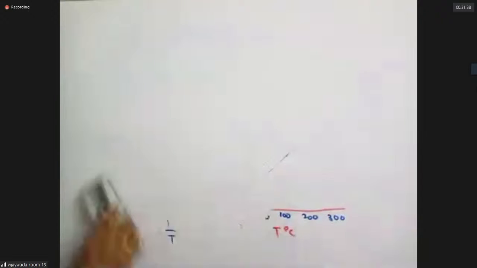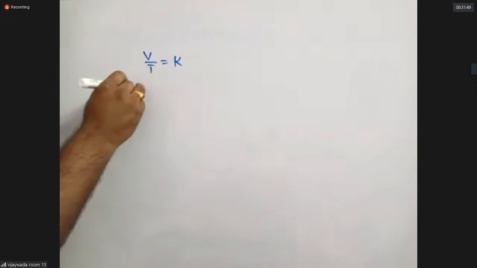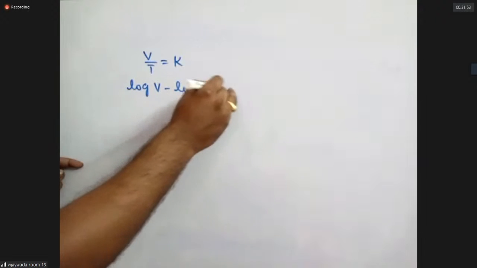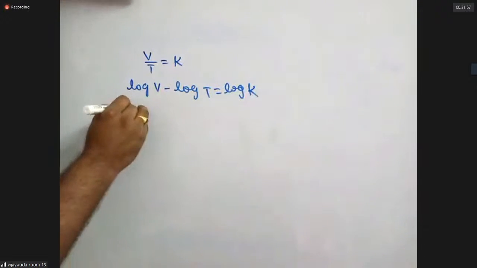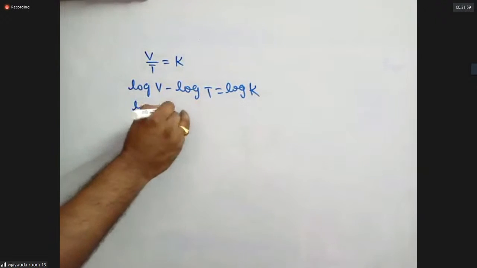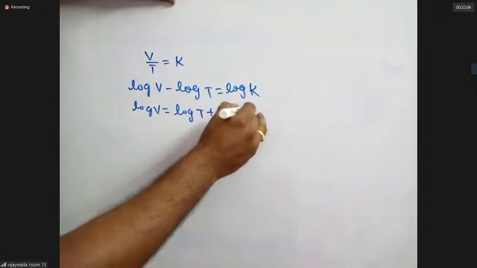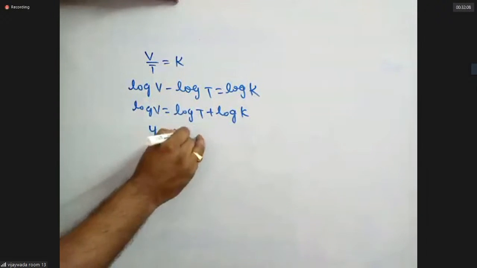Next, V by T equal to constant. Apply logarithms: log V minus log T equal to log K. We can write log V equal to log T plus log K. It's like y equal to mx plus c.